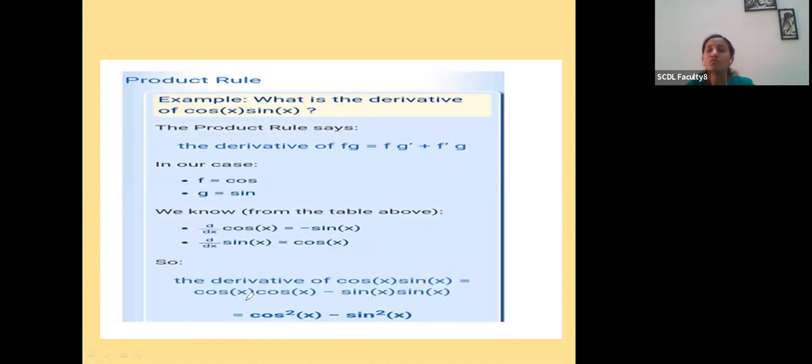Understood? Now cos x multiplied by cos x is cos square x, and sin x multiplied by sin x is sin square x. This is how you have to think and solve the problem.